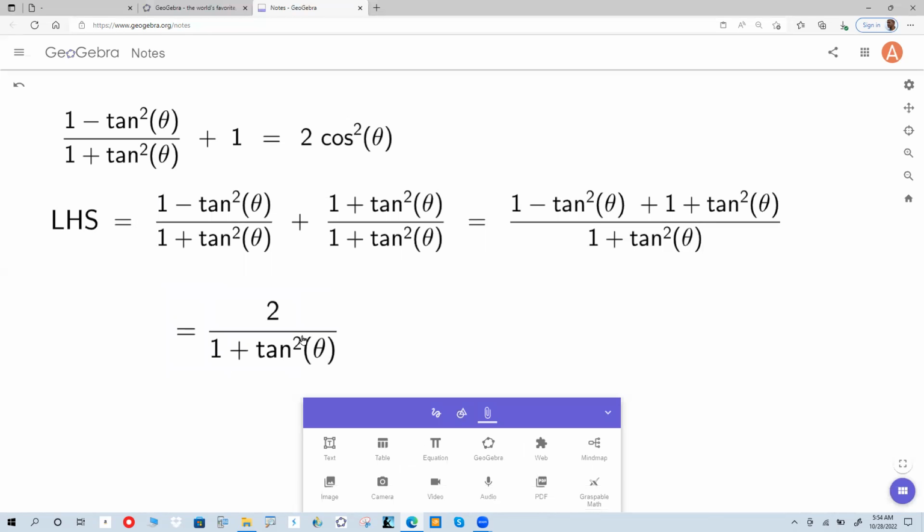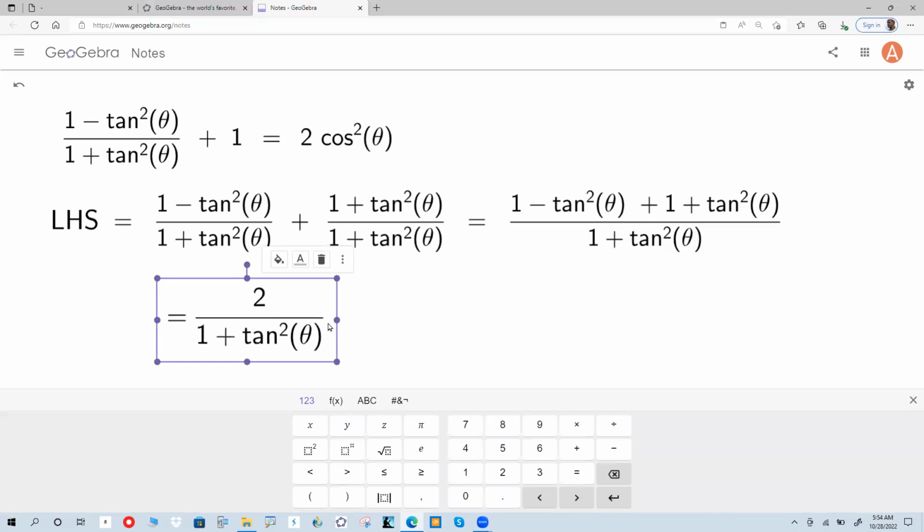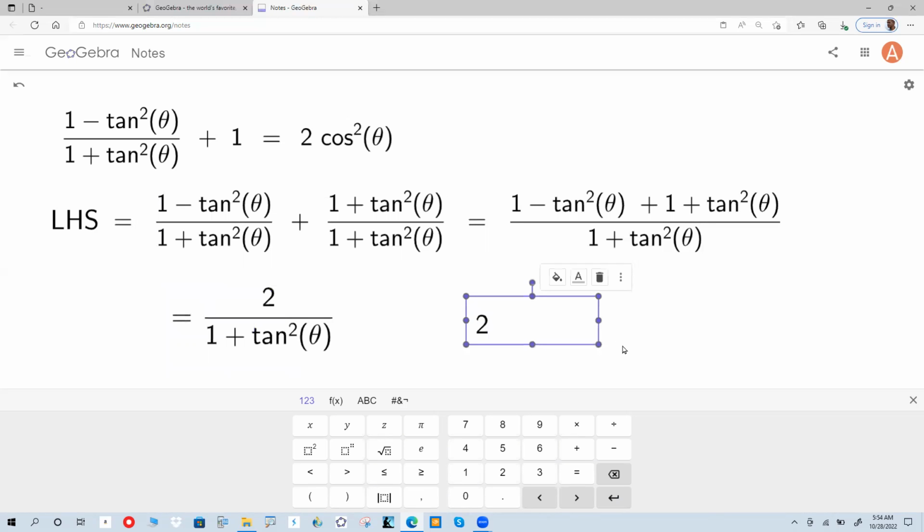Now, things are looking pretty good to me. Remember, 1 plus tan squared theta or tan squared theta plus 1 is equal to secant squared theta. Now I can write, let me take a new box, 2 divided by secant squared theta instead of 1 plus tan squared theta.